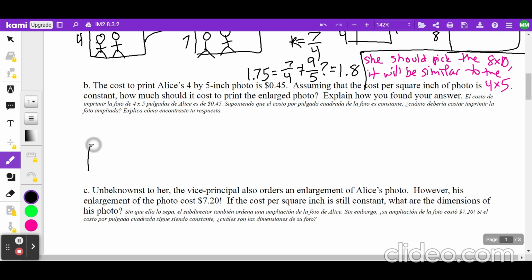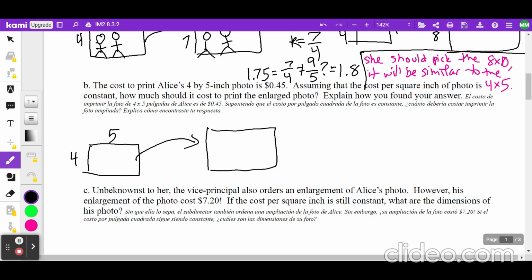Here I've got a 4 by 5, and I'm enlarging that to 8 by 10. This is an area of 20, and this is an area of 80. The linear scale factor is 2.